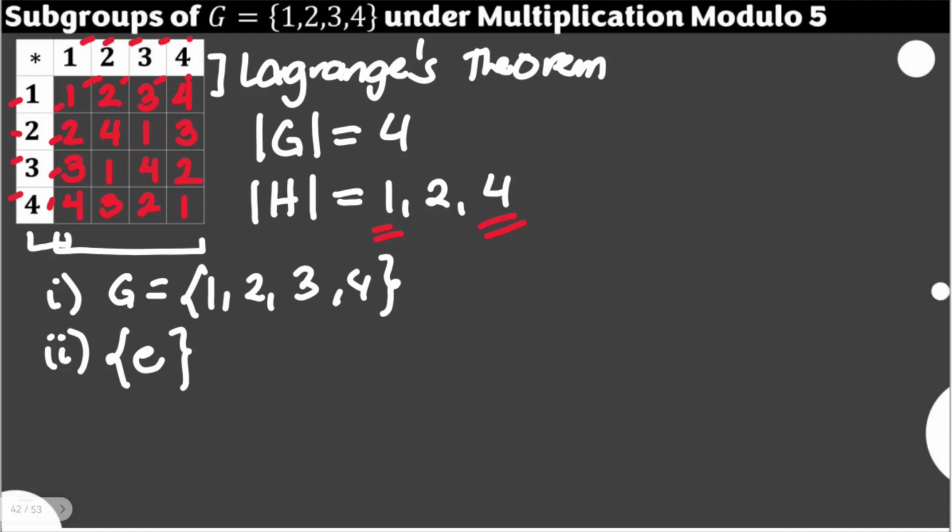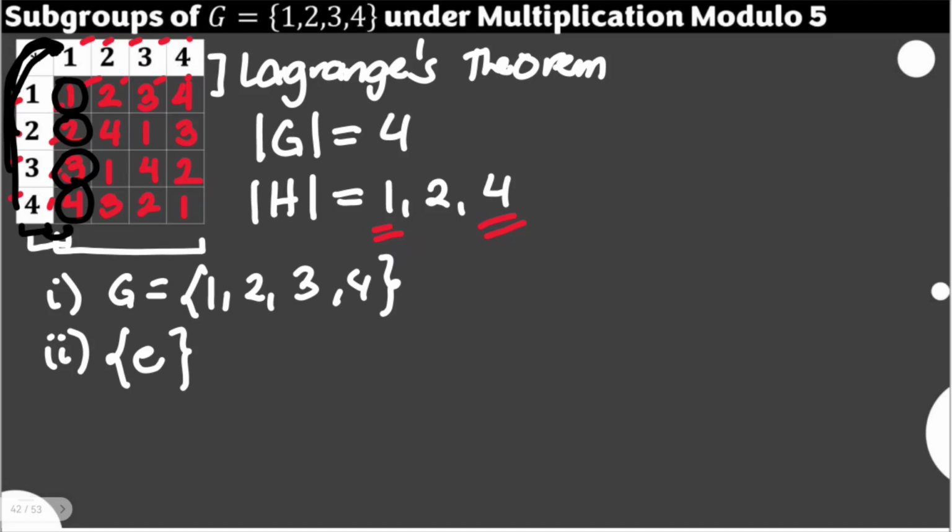The identity is an element that, when operated using the binary operation multiplication modulo 5, will not change any of the elements used. In this case, 1 star 1 is 1, 2 star 1 is 2, 3 star 1 is 3, 4 star 1 is 4. So when we operate all of these elements by 1, the values are retained.